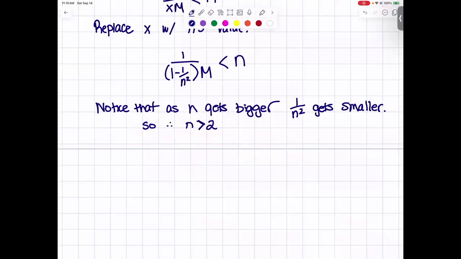Yes, n equals 2 works, but what we're going to attempt to do here is ensure that it works for multiple situations. So let's look at just one more situation here where we want to make sure that this is going to be fine. Since we made sure that we weren't going to end up with a 0 by saying that n was going to be greater than 2. And you'll see why we don't just say greater than 1 in just a moment. We're going to add that plus 1 back in somewhere else.